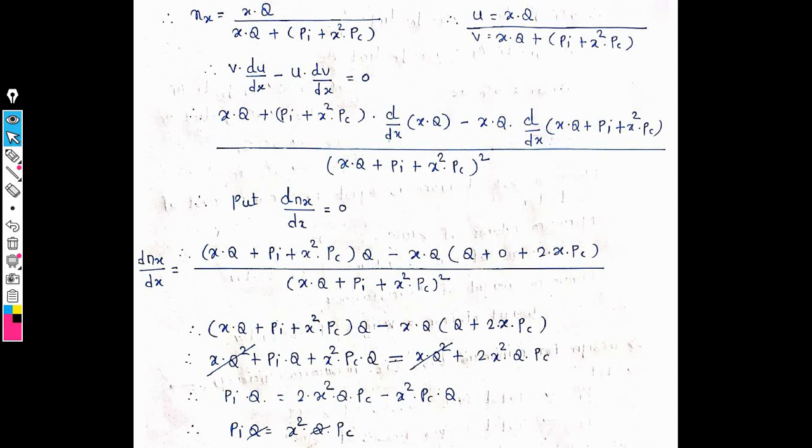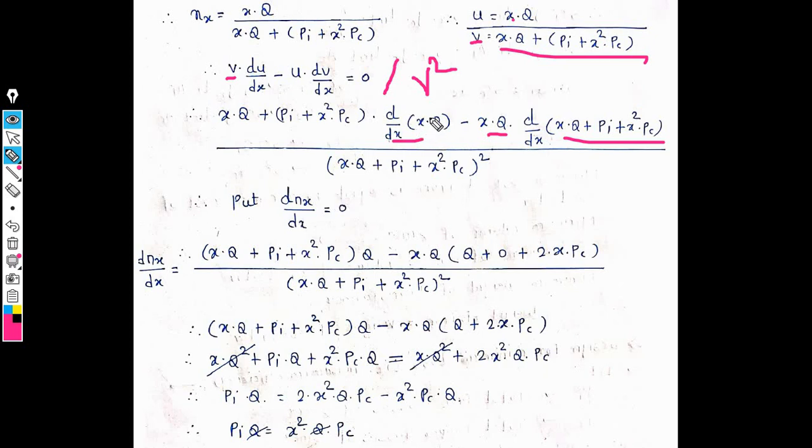Now we have considered the value of u. This is the value of u. Put here derivative of u, that is x into Q. Then v as it is here, and derivative of the v here, upon v square. Then put derivative with respect to x.